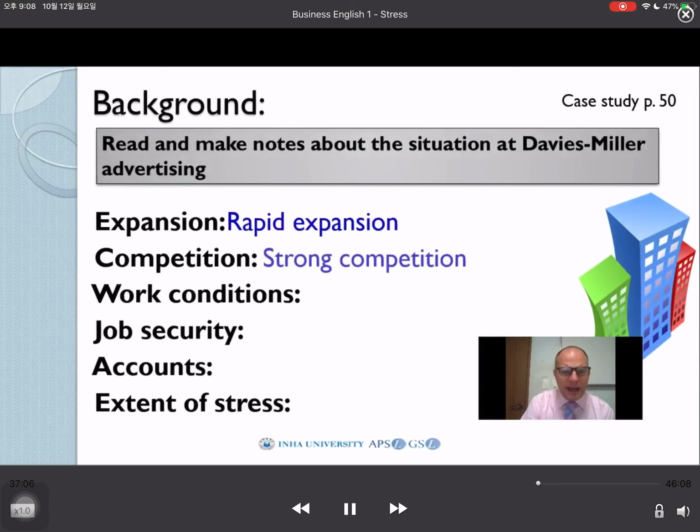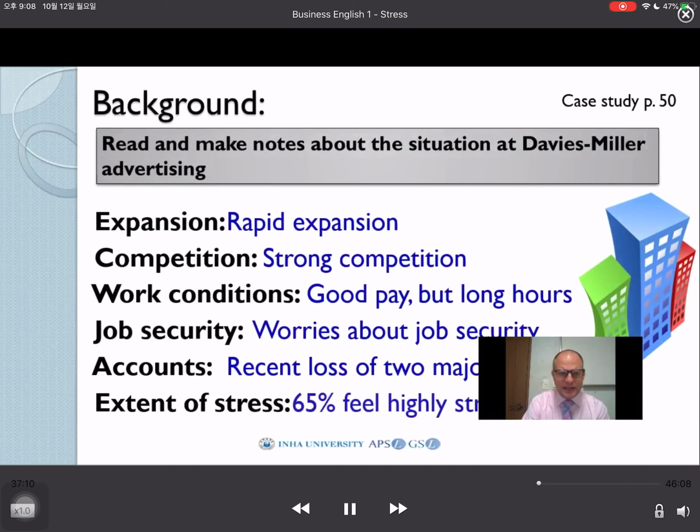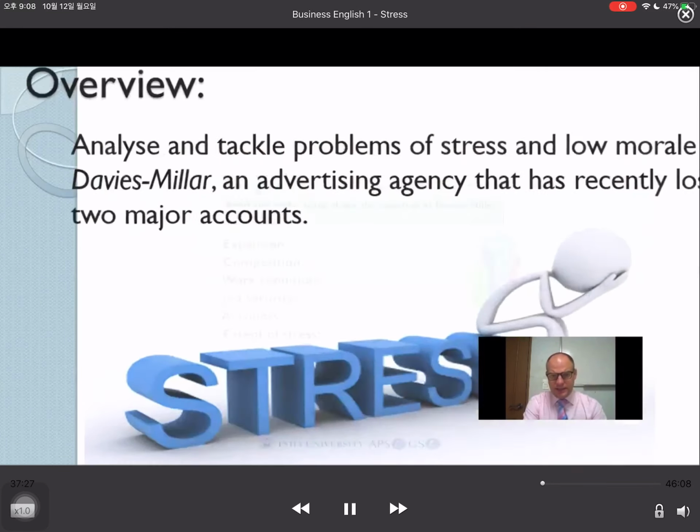A little bit of background. Davis Miller rapidly expanded. It's got lots of strong competition. The work conditions are good. There's a lot of good pay, but long hours. Job security is a problem. People are worried about their job security. Recently lost 2 major accounts.